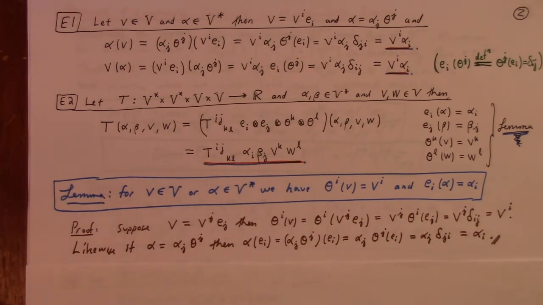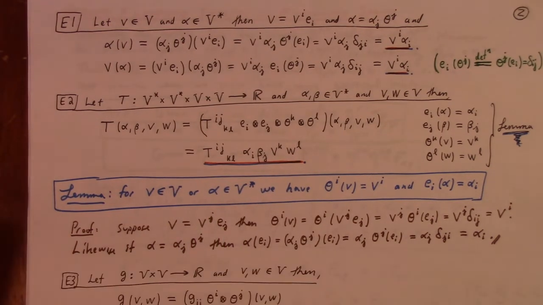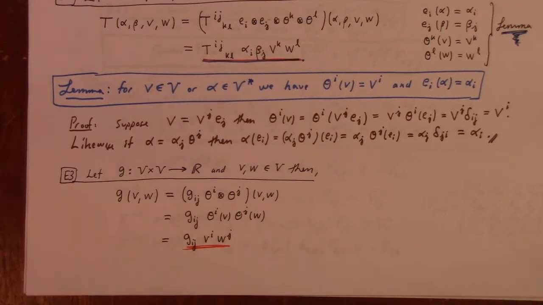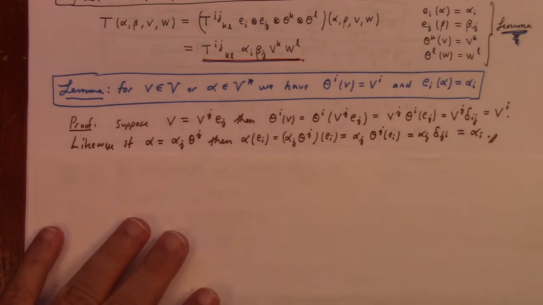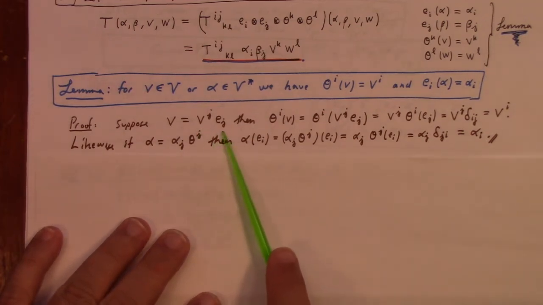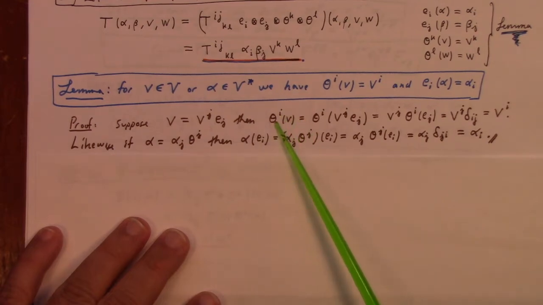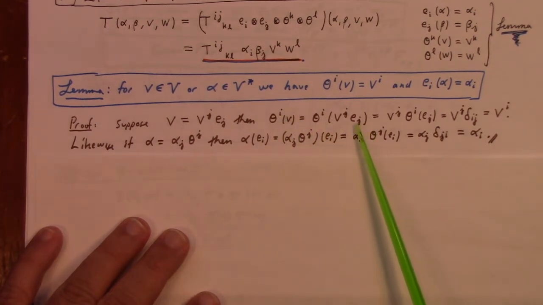So here's the calculation. We let V be V summed over the basis e_j, and so when we let theta^i act on V, we have this.